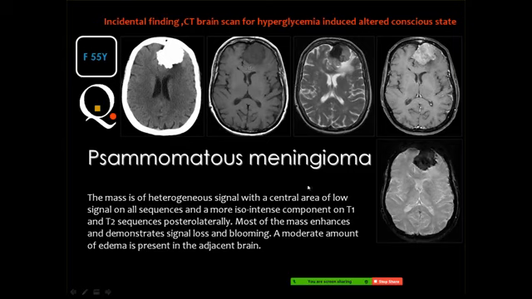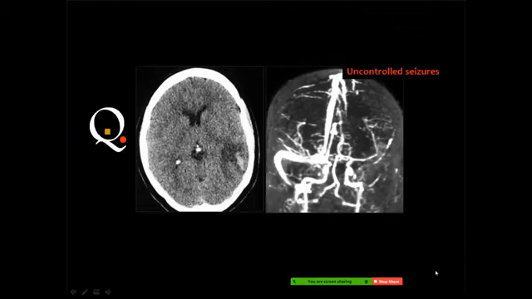And you know that the gradient image is more sensitive than T2 for detection of calcium, and you can see that the meningioma is almost totally calcified. However, it is surrounded by some brain edema, and also it shows contrast enhancement and dural base.